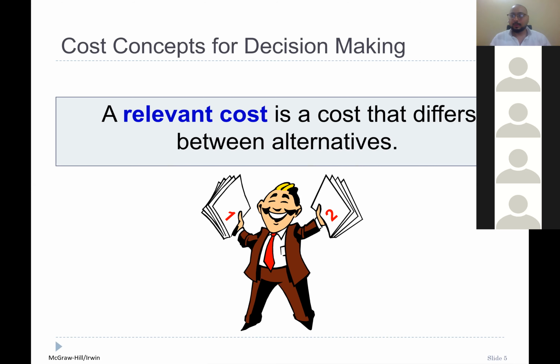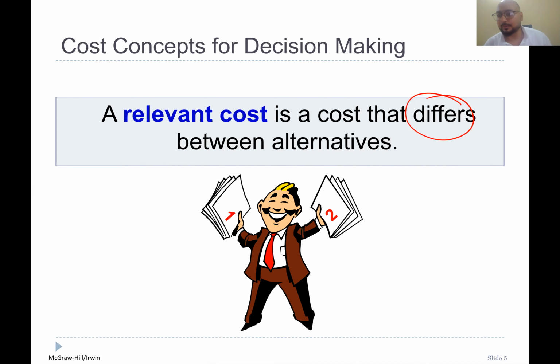So an avoidable cost is a cost that can be eliminated in whole or in part by choosing one alternative over the other. So in that case, avoidable costs are relevant costs, right? In other words, the avoidable cost is a cost that differs between the alternatives.